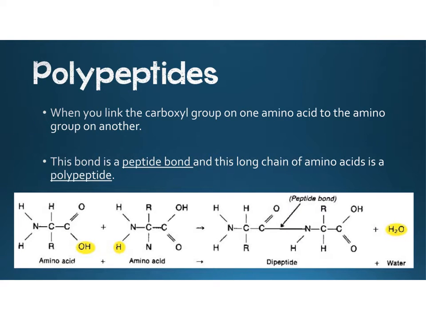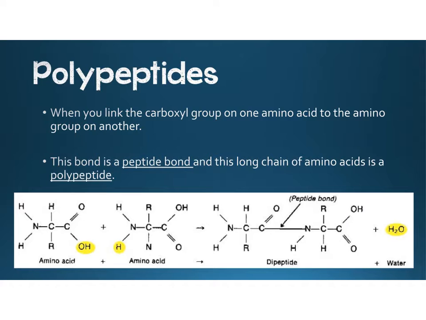Now, proteins are a little weird in that they've got a more complicated structure than some of the other macromolecules. When we hook amino acids together, we do that by dehydration synthesis.